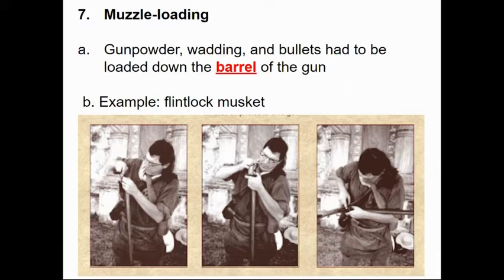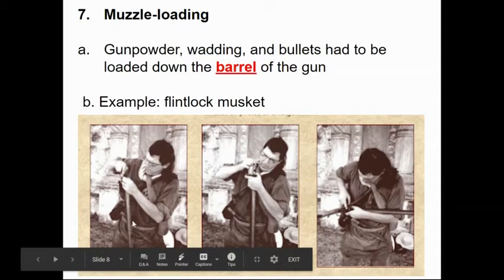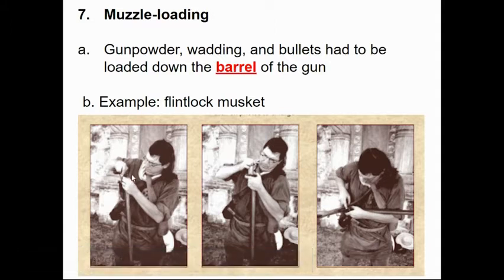There's two general things we can say about how a gun might be loaded: muzzle loading, or what's called breech loading. Muzzle means that you're going to take and put everything down the opening of the barrel. So you've got sort of that length of pipe, and you're going to cram everything down in that from the opening on the end where the bullet is going to come out.